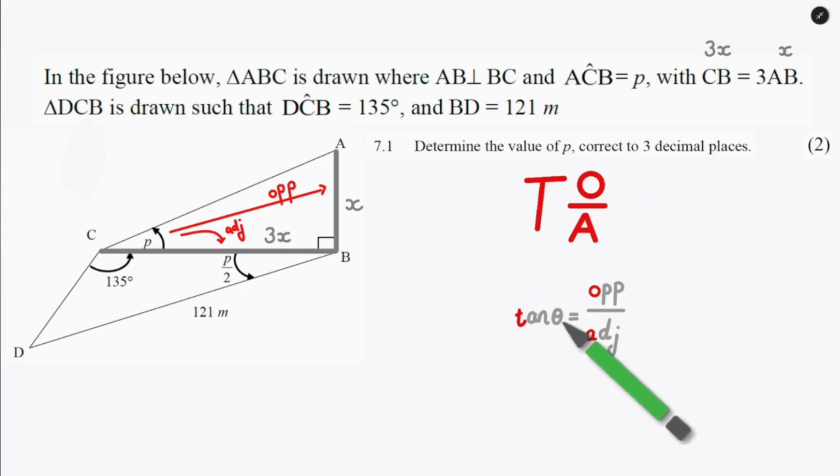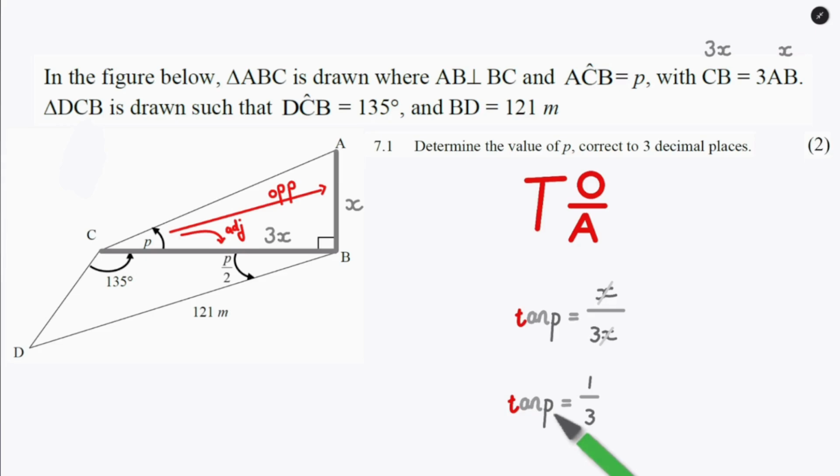So tan of our angle, so our angle is P, so let's change this theta to a P. And our opposite side is x, and our adjacent side is 3x. So let's make those changes here inside of tan. And then once we make that change, we can simplify a little bit. These x's will cancel, and I can simplify tan P to 1 over 3.